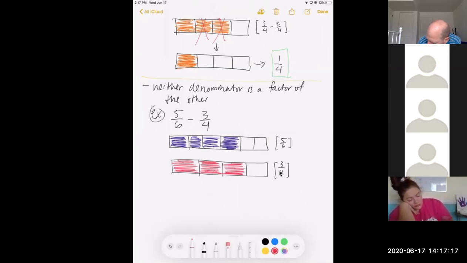Oops, I need one more 6th here. Okay, so any ideas of how we should subtract these? You will cross out this distance here from up here.